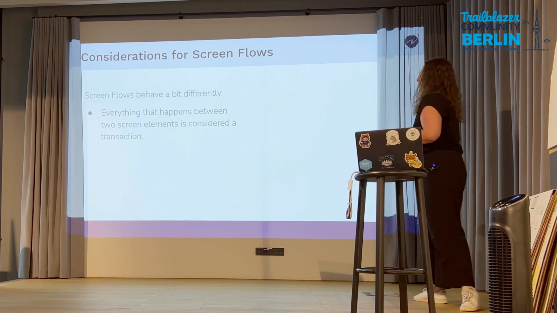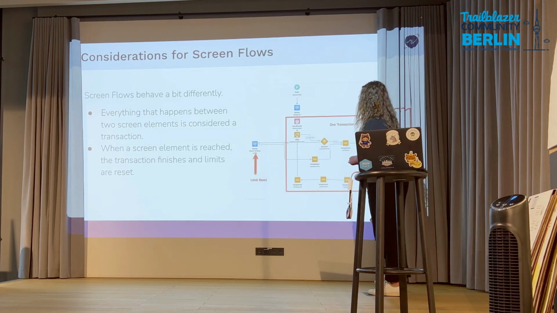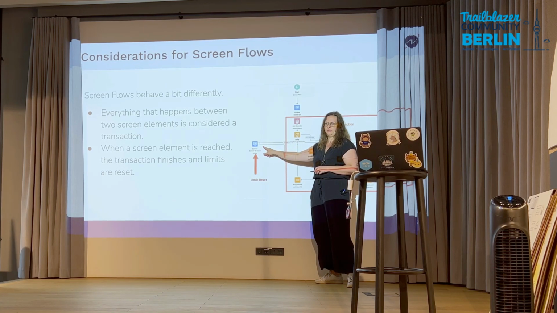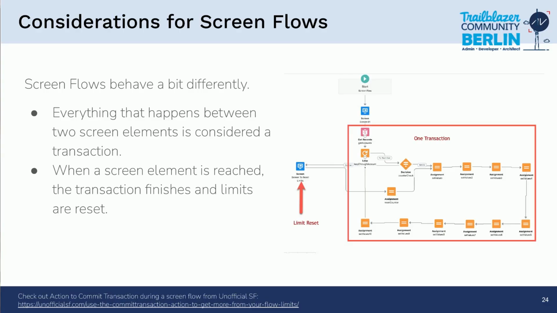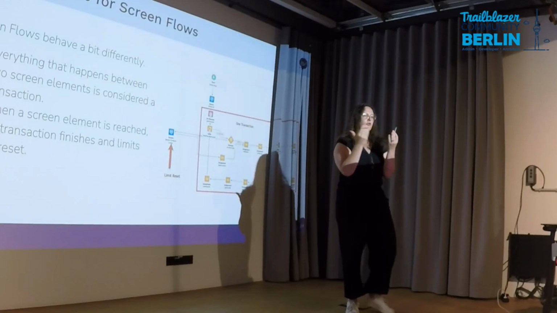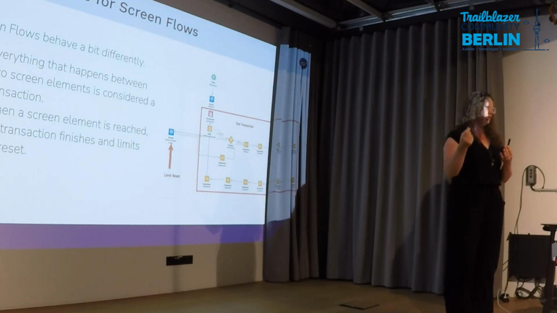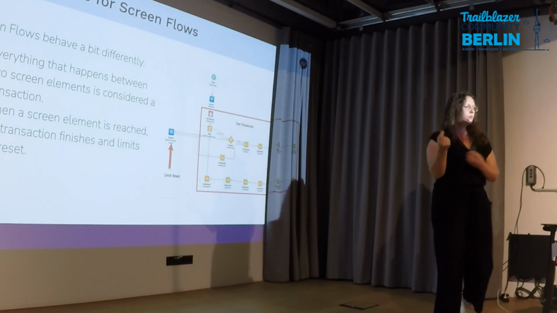So in screen flows, everything that happens between two screen elements is considered as one transaction. Okay, so it's not the whole flow that's bound by a transaction, because a screen flow is not being triggered by a record being saved, which kicks off the order of execution. It's usually being triggered by having it on a page or clicking a button and then opening the flow.